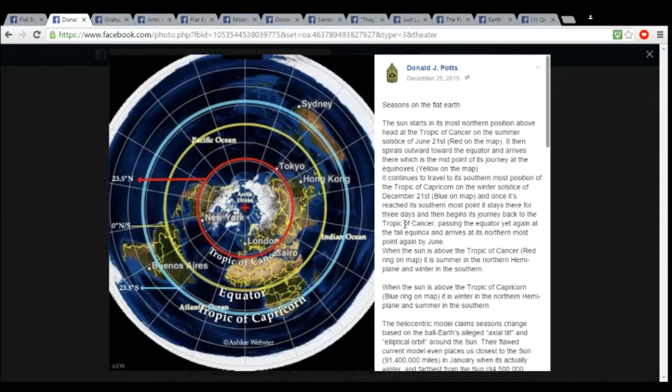And once it's reached its southernmost point, it stays there for 3 days and then begins its journey back to the Tropic of Cancer.